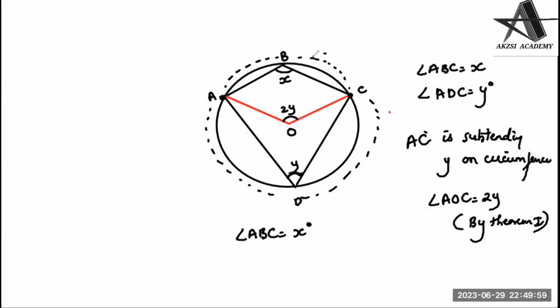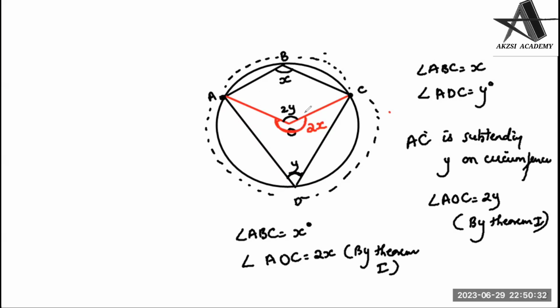Then what angle will it make at the center? This angle will be at the center, and this will be twice the angle at the circumference. That means this is 2x. So reflex angle AOC is equal to 2x, same by theorem 1.